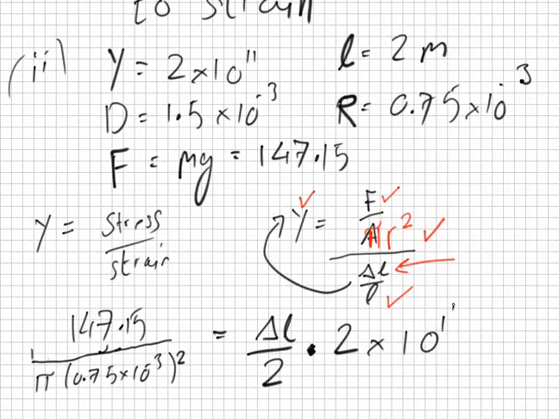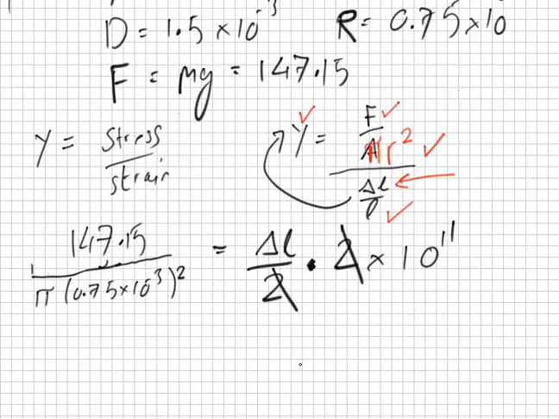Now, what's nice on the right is that they cancel. So you can get the delta L out with not too much difficulty. So I got from this equation delta L equals 0.83 millimeters.